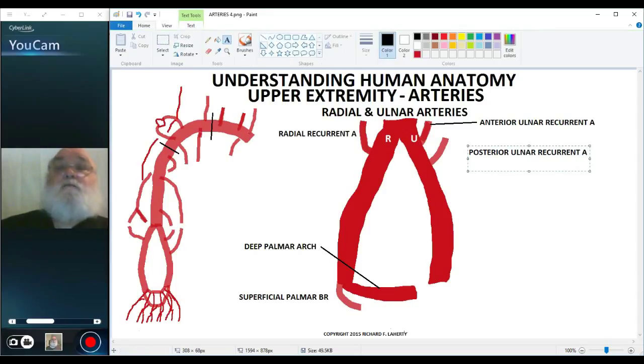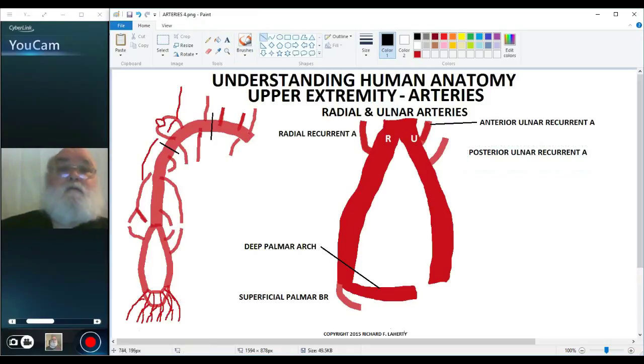And we'll draw a line to this one. And these two arteries pass anterior to the medial epicondyle and posterior to the medial epicondyle, respectively. And they help supply the superficial flexors of the forearm, which originate from the medial epicondyle.